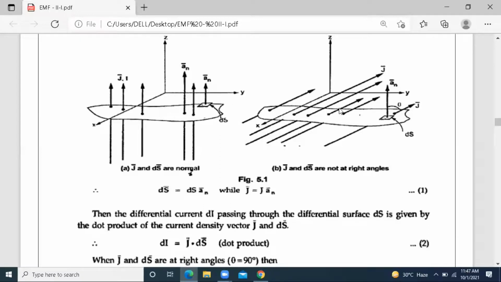So if we have an expression for the current density, and we are only interested in the normal component for the current, the dot product of J with the normal will give you that current going there. So DI equals J dot ds.